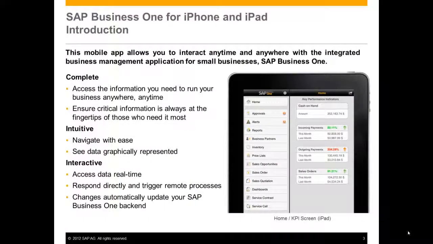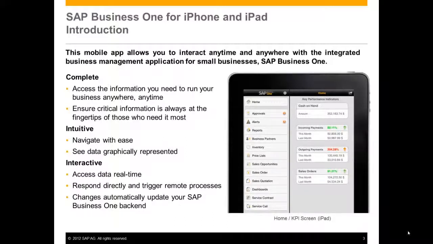For those of you who may not be familiar with the SAP Business One mobile application, the purpose of the app is that it allows you to interact anytime and anywhere with the SAP Business One application, which, as you're probably aware, is SAP's integrated business management solution for small businesses.